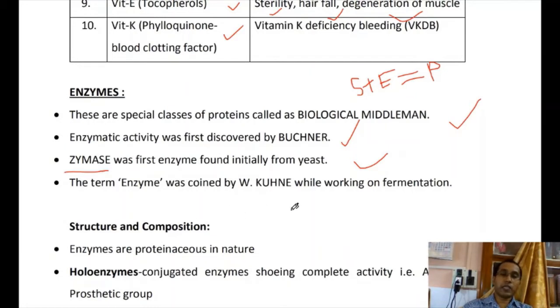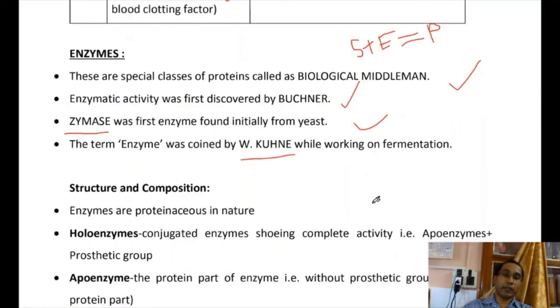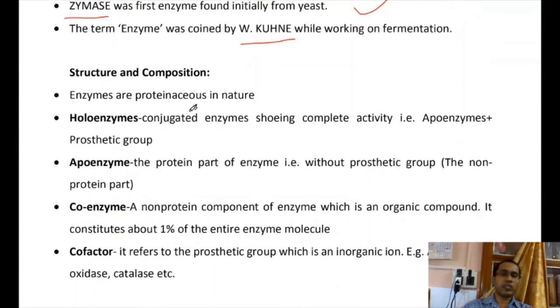The term enzyme was coined by W. Kuhne while working on fermentation experiments. So these are the basic things. As per their composition, what is the difference between holoenzyme and apoenzyme?